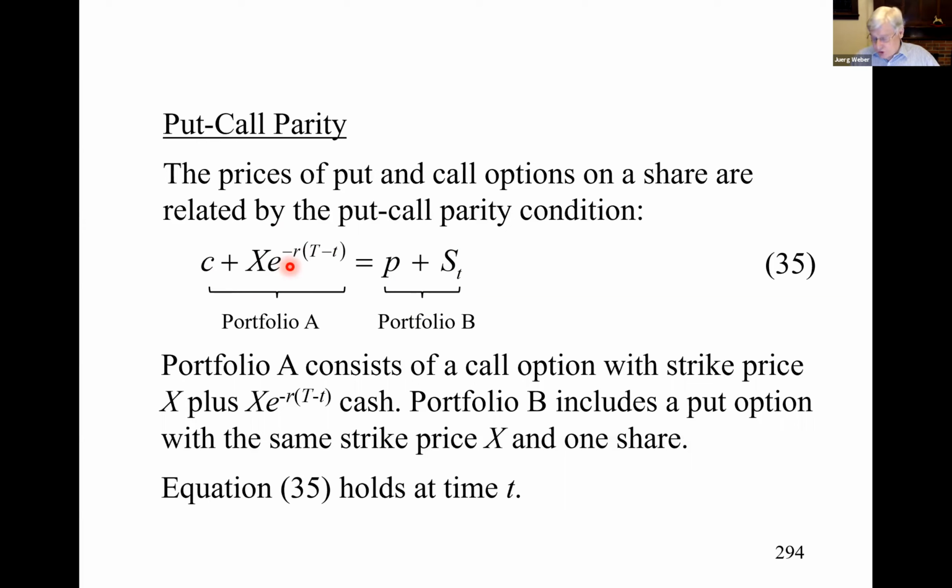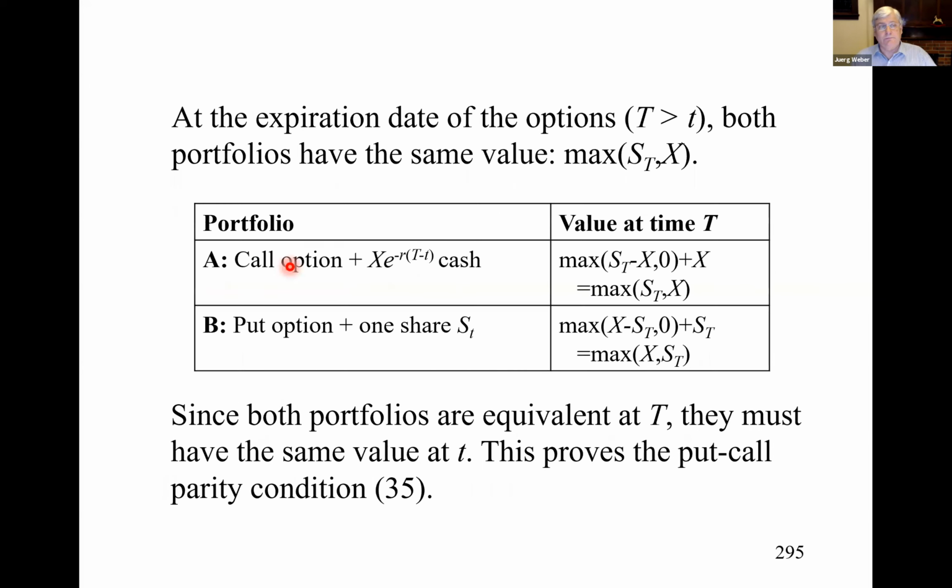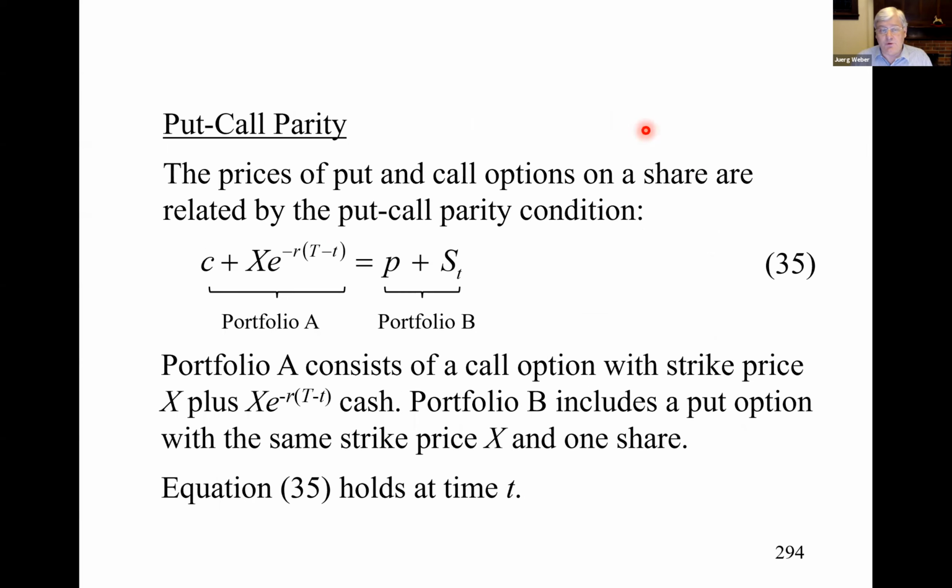So let's show why this equation must hold. Let's first look at time big T and then at time small t. Be careful what we do here, because this equation holds for time small t when the options are written.